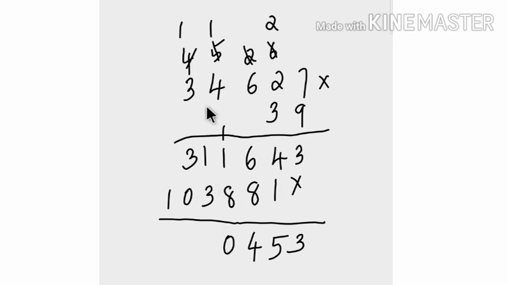Write 0, carry here. 1 plus 1, 2. 2 plus 3, 5. 3 plus 0, 3. 1. So let's read this. 13,50,453.